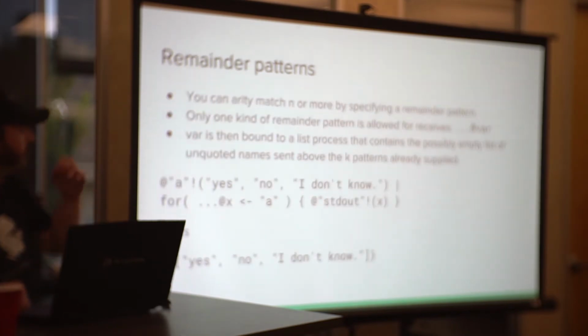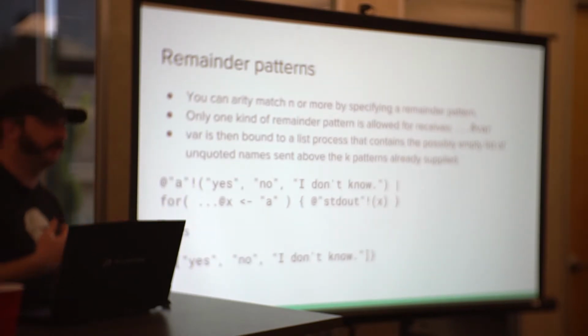So one of the other things that you can do is a remainder pattern. You can say, I want this method to fire if I get n or more items. A good example of this is that it feels a lot like printf in C, where it's required to pass a string and then a variable number of arguments afterward.